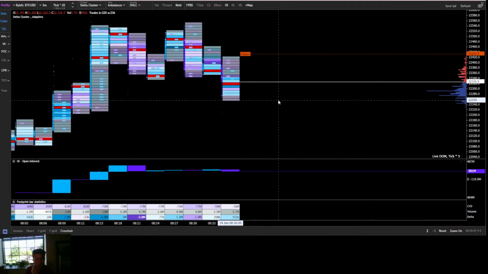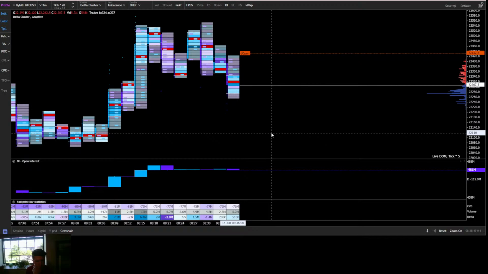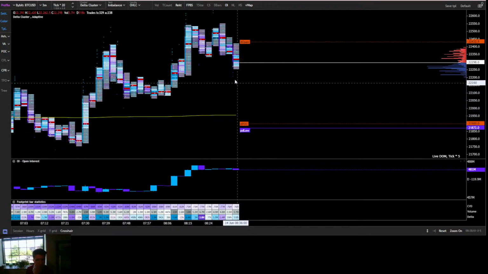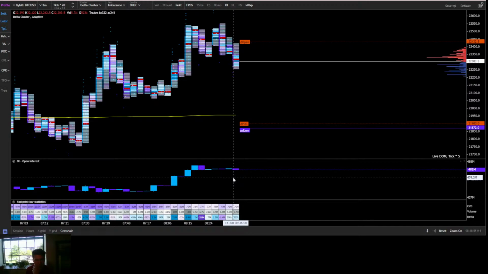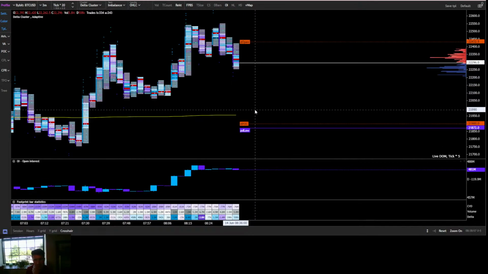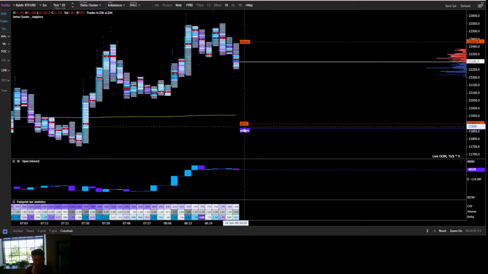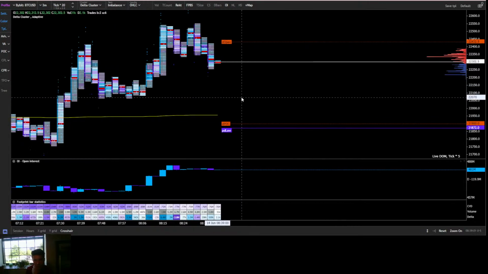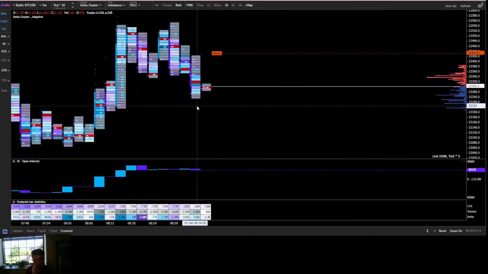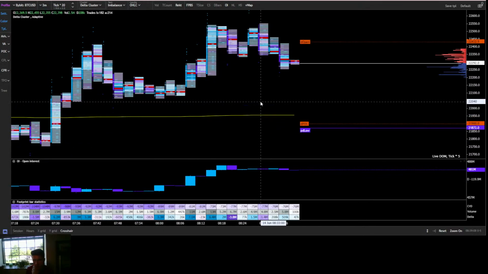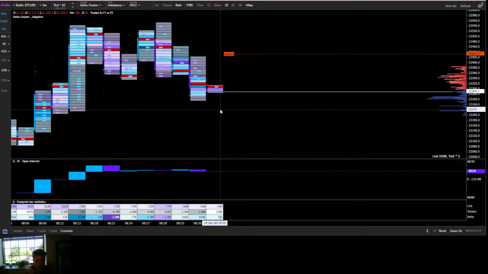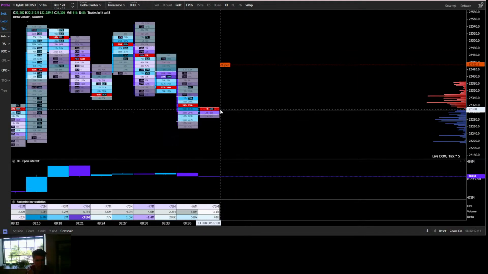Again, you want to see OI increasing. But again, OI does like to reset, so to speak. So it could be a possibility that we do come down here towards the VWAP and then pump up. But don't really take my word for that. I don't really see too many shorts coming in right now.